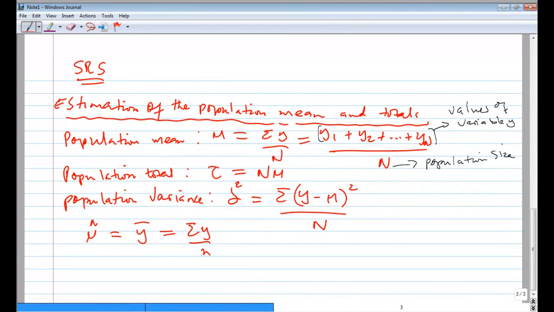This can also be written as y1 plus y2 plus up to yn, all divided by n.